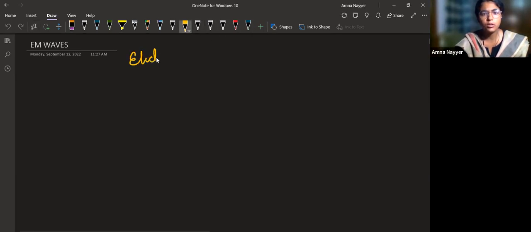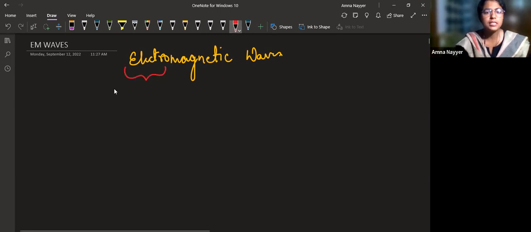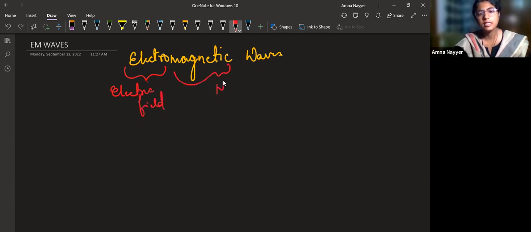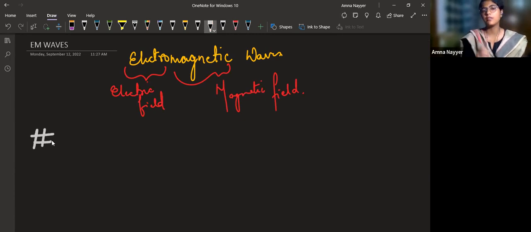Electromagnetic waves. This means simply, this is the electric field part, and this is the magnetic field part. Now see, 2 points are there which have to be learned.